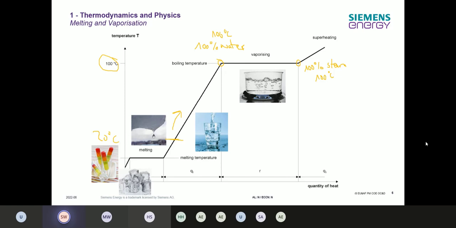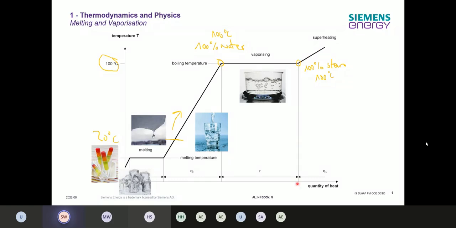So we have no temperature change during the vaporizing process. We're getting here 100% water, then inside here 10% steam, 20% steam, and so on, until the last water droplet is vaporizing, and then we have 100% steam with 100 degrees Celsius.